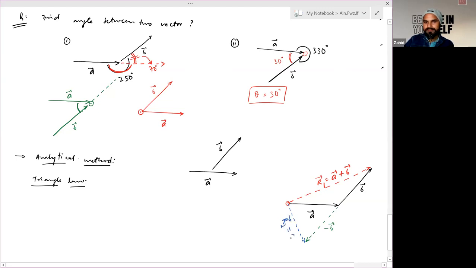So it will be vector A minus vector B. Is it clear? Yes, sir.